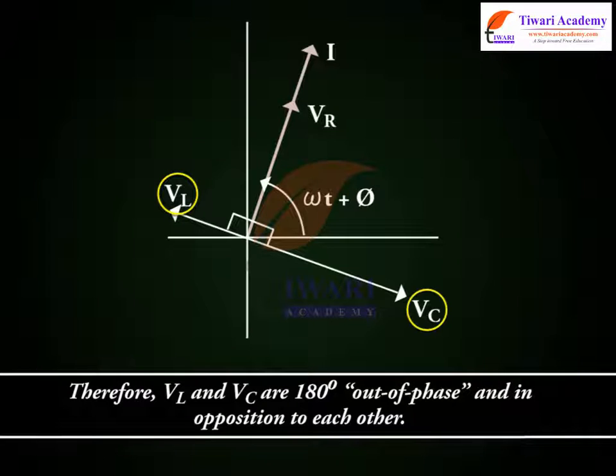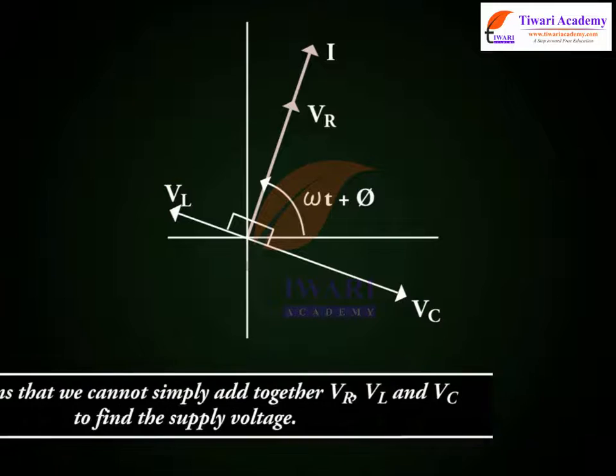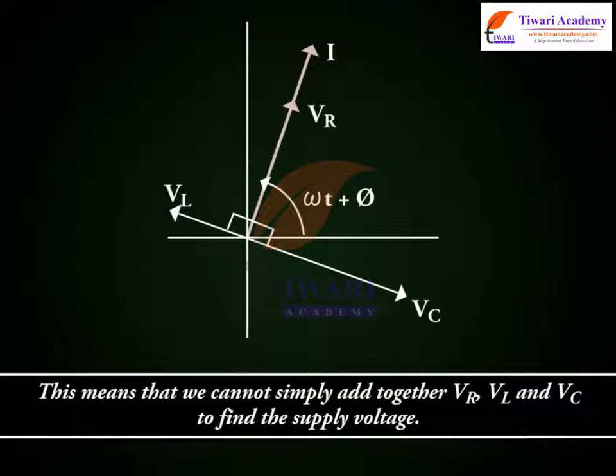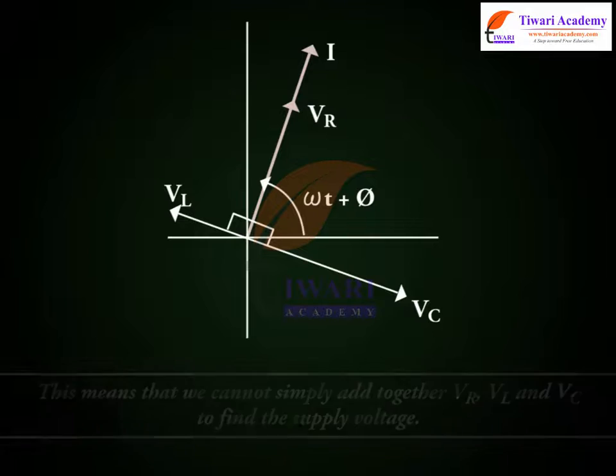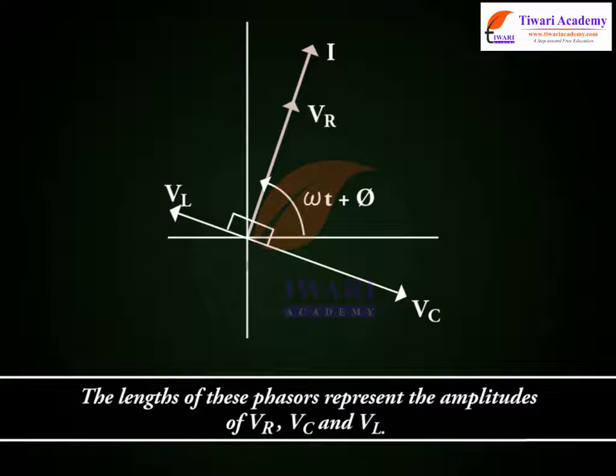Therefore, VL and VC are 180 degrees out of phase and in opposition to each other. This means that we cannot simply add together VR, VL and VC to find the supply voltage. The lengths of these phasors represent the amplitudes of VR, VC and VL.